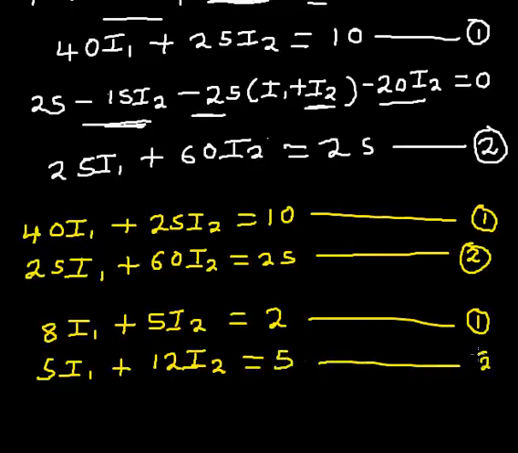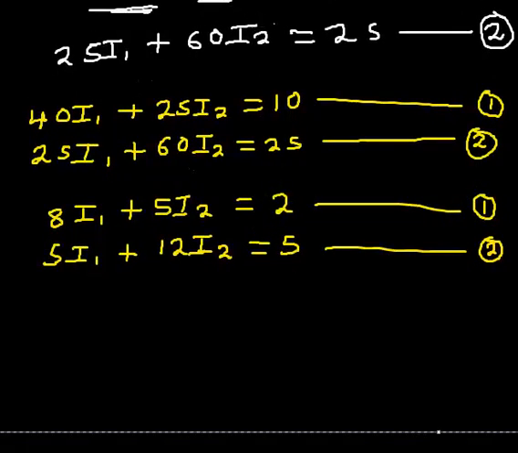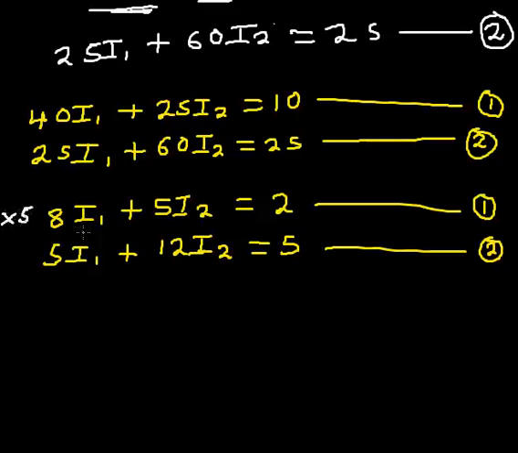Equation 2. So with what I have now, let's solve simultaneously, by elimination. I have to make one variable have the same coefficient so that I can eliminate. Which one do I eliminate? Let me eliminate i1. If I eliminate i1, I have to multiply equation 1 by 5, so that i1 will be 40i1.